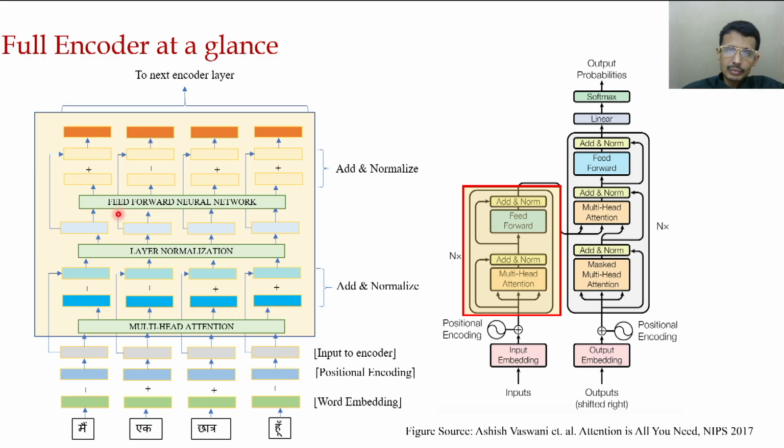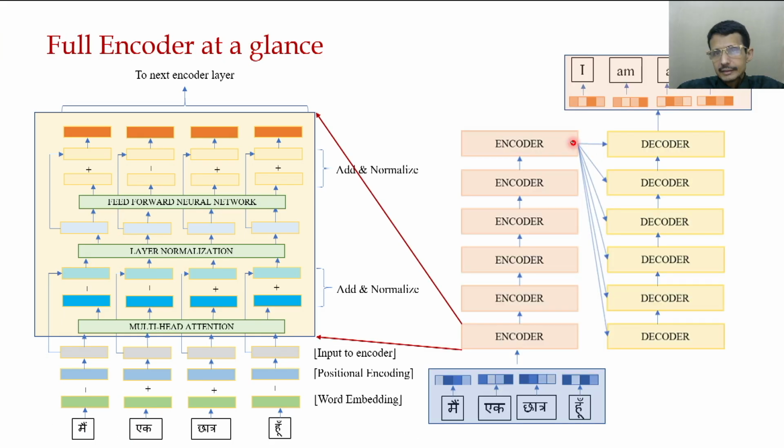So first, this is the basic diagram of the transformer model, with both encoder and decoder, and one encoder expanded, and this is the encoder structure that we have discussed.